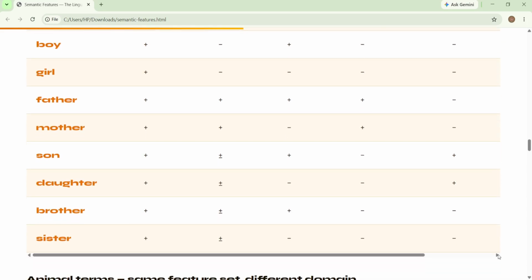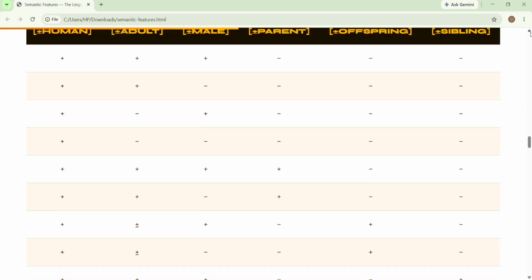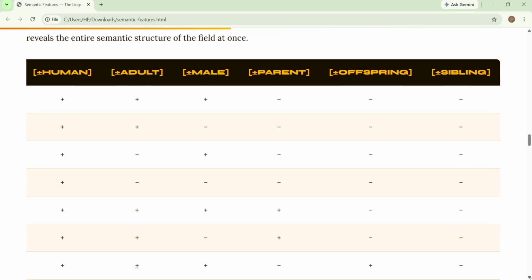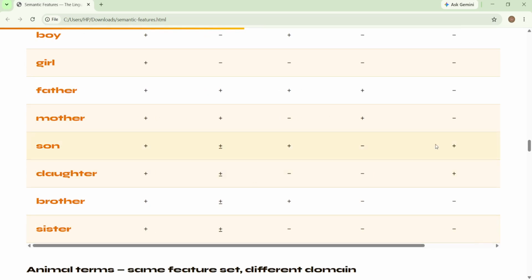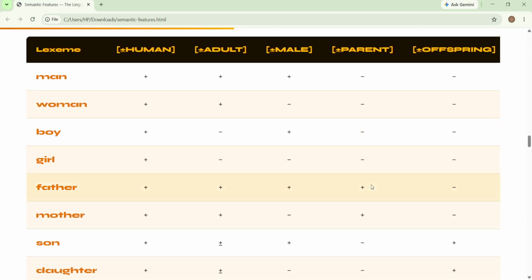Now sibling. Well, we don't know if man has a sibling, so negative for now. You can just look at these terms for better understanding, because it takes a lot of time to scroll.